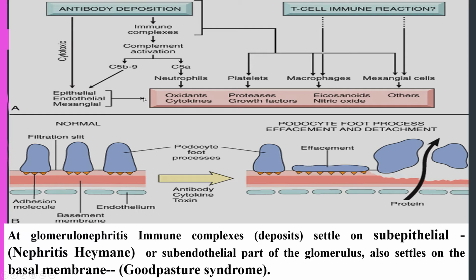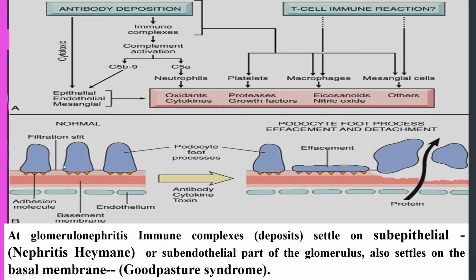And it forms antibody deposition and T cell immune reaction, and the active immune complex influences the complement system, activating it, and complement components C5b to C9 and C5a are activated, and influence the glomerular capillary system, for example, epithelium, endothelium, and mesenchymal cells, and activate blood cells, neutrophils, platelets, macrophages, and mesenchymal cells, which secrete several biologically active elements, for example, cytokines, growth factors, and nitric oxide.